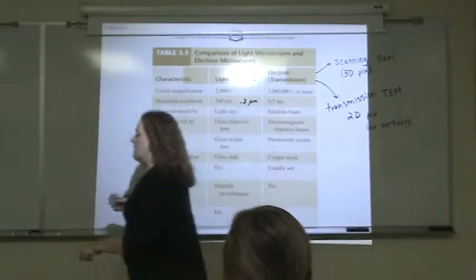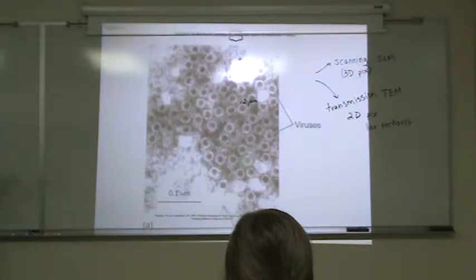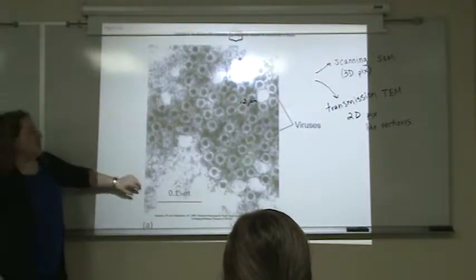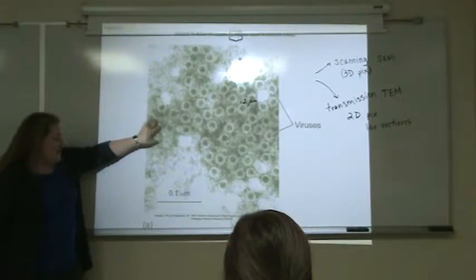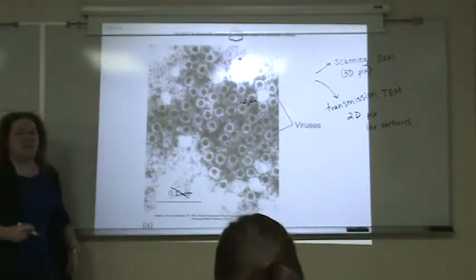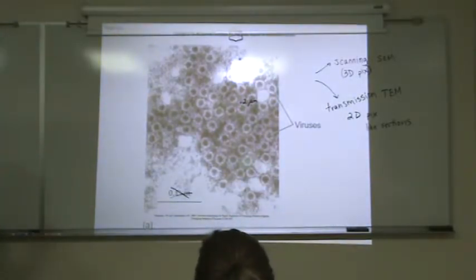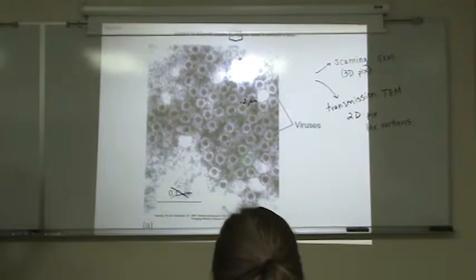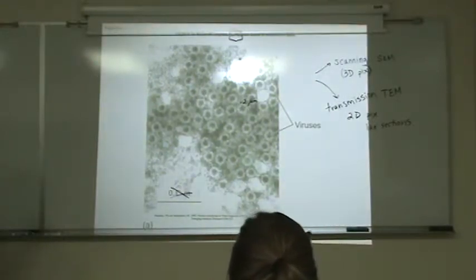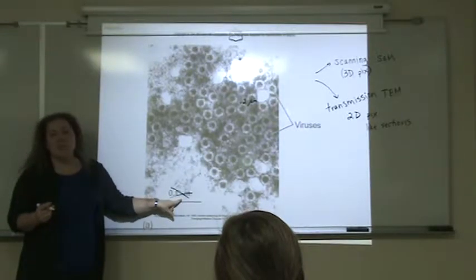And this next image is a TEM of viruses, I think. And this is not the correct, this is not 0.1 millimeters. That's wrong, the symbol didn't come over correctly when the computer processed it. It's not 0.1 millimeters, it's likely 0.1 nanometers, most likely.